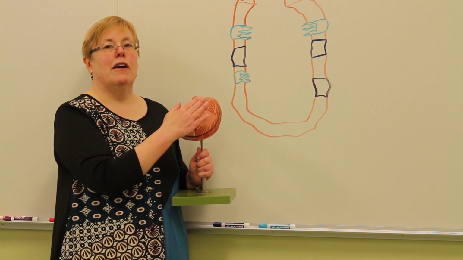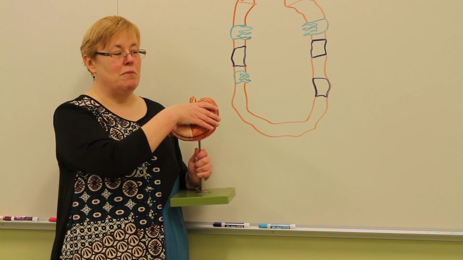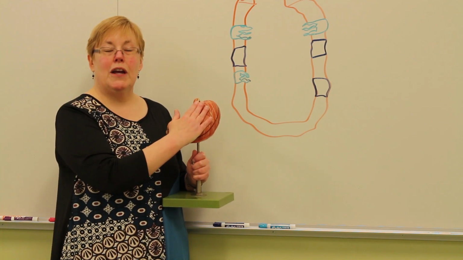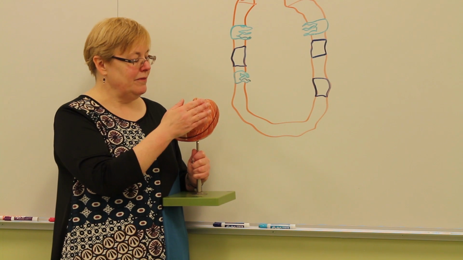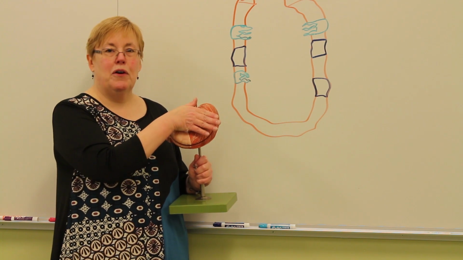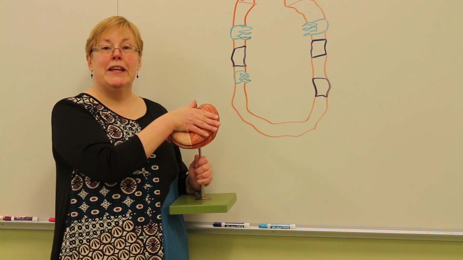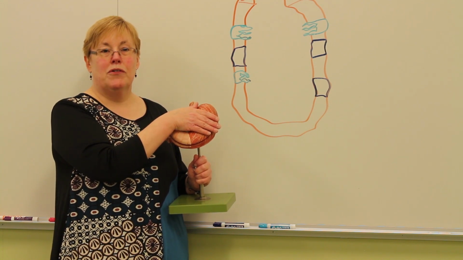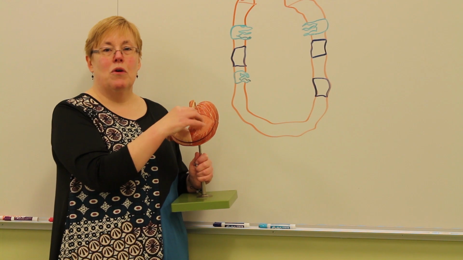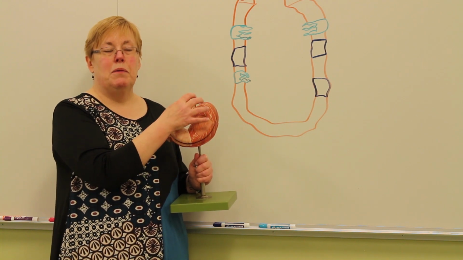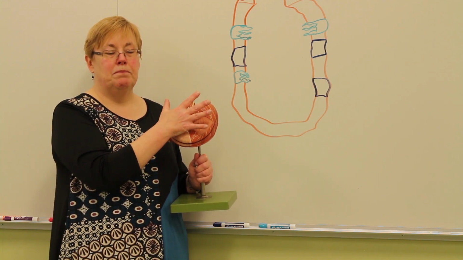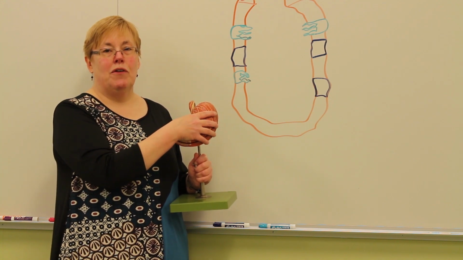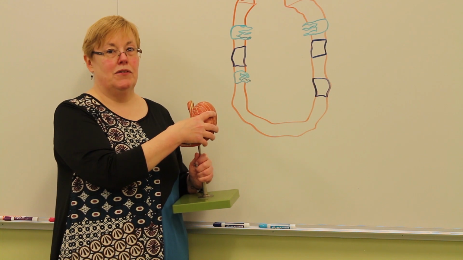So we have a layer of circularly arranged smooth muscle fibers, a layer of longitudinally arranged smooth muscle fibers, and then we have a 3rd layer of obliquely or angled smooth muscle fibers. And so this gives the organ more ability to move in different directions, and this is what allows for the churning action of the stomach.